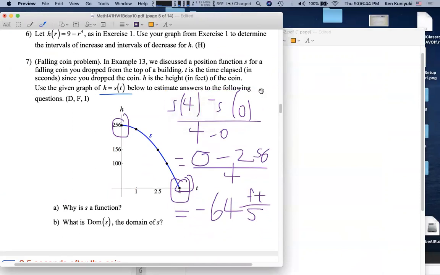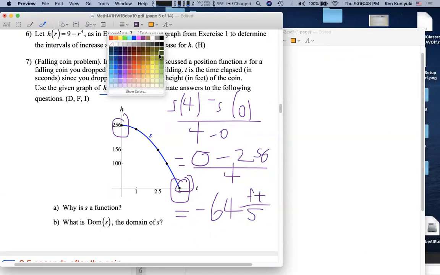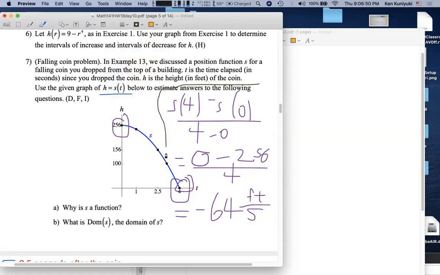Do you understand this? It's the average rate of change. It's average velocity. Where do you get 0? 0, the second, 0 here. 0 minus 2, okay. We want to know the average velocity between the time it's dropped and the time it hits the ground, right? So that's between times 0 and 4.